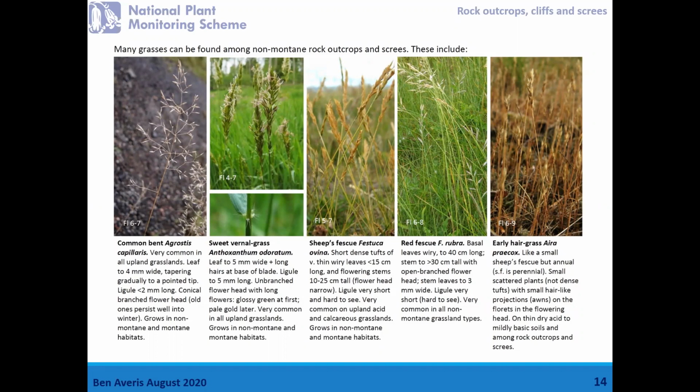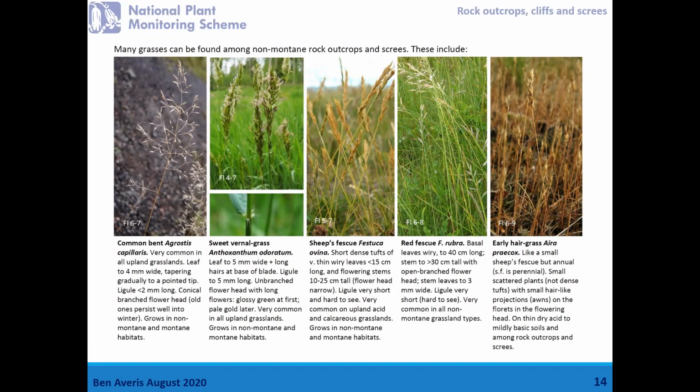The flowering stem's shorter, the flowering head is smaller, and particularly the flowering head, even though it's branched, the branches don't tend to open out very much in the sheep's fescue. They do in the red fescue, like that photograph of it there. But in the sheep's fescue, they're always held quite close, as if it doesn't want us to know that it's branched.